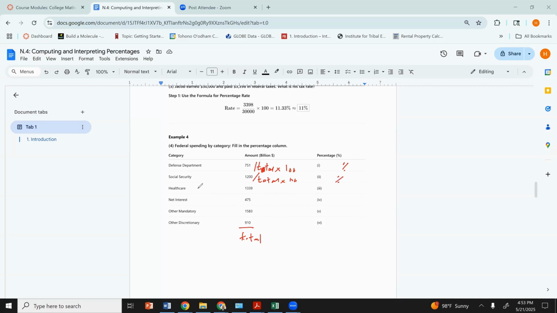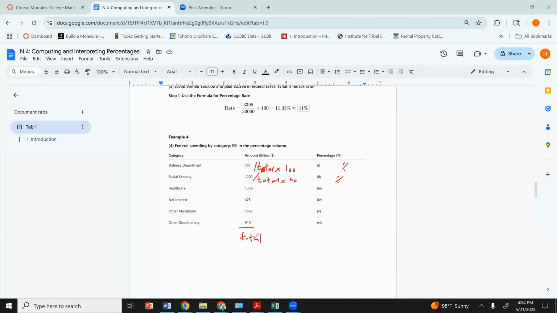So that means you have to do it for healthcare, for net interest, for other mandatory, and for other discretionary spending. So you have some amount for that, and you have to calculate the percentage for that as well. So the first thing you need to do is make sure you add all these numbers to get a total, and then you divide each of these categories by that total times 100, and that's going to give you the percentage.